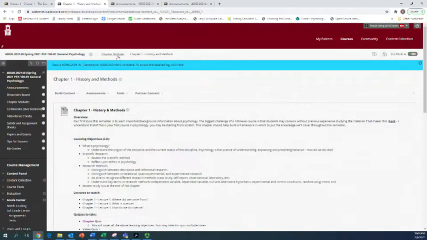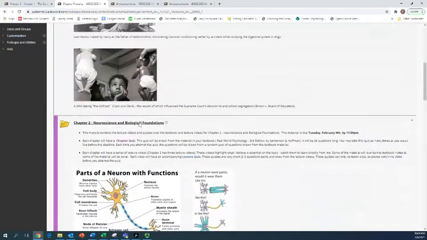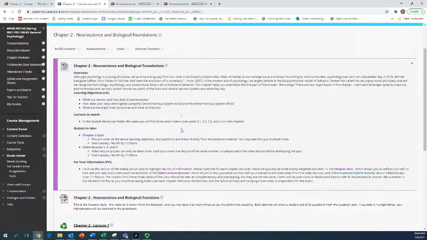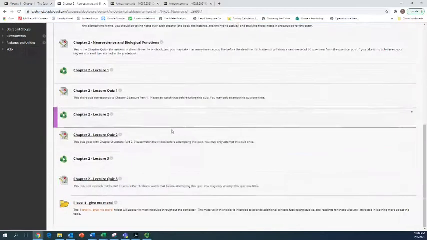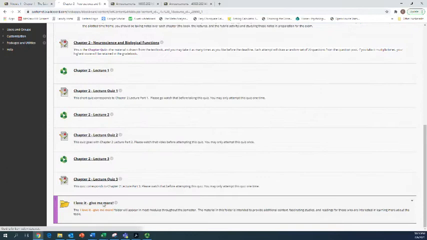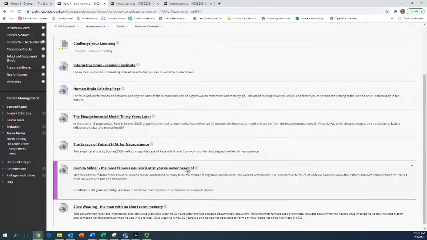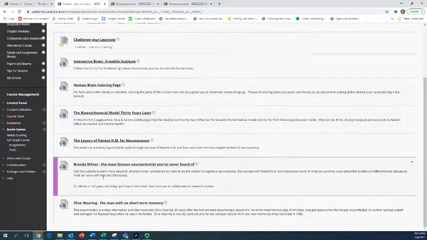So hopefully the chapter is a little bit more appealing to students, a little bit more clearly laid out, and every week has the same structure.